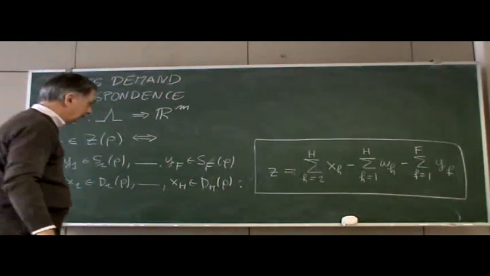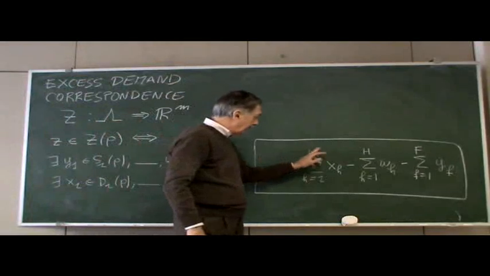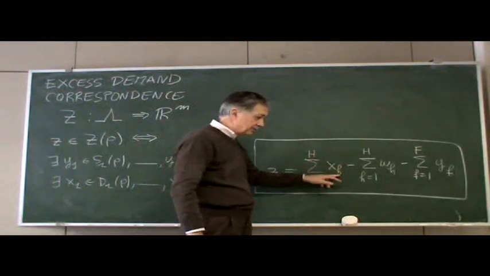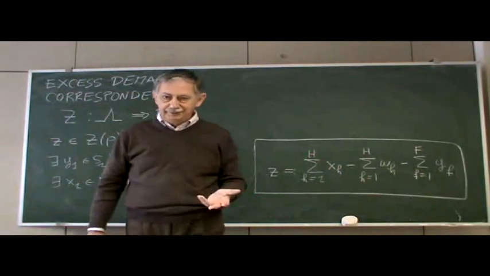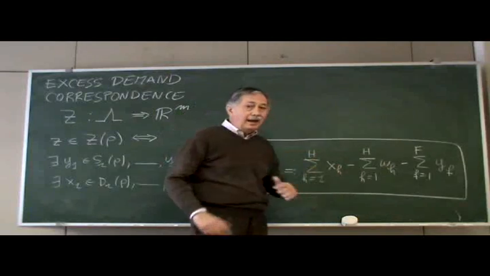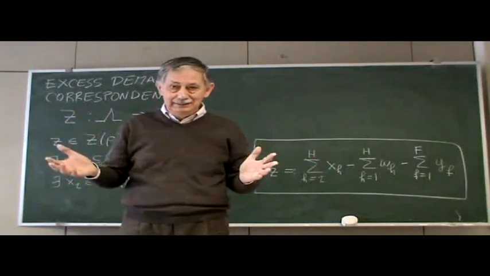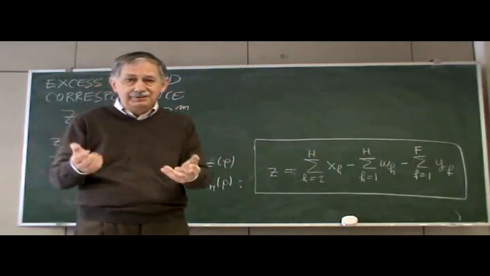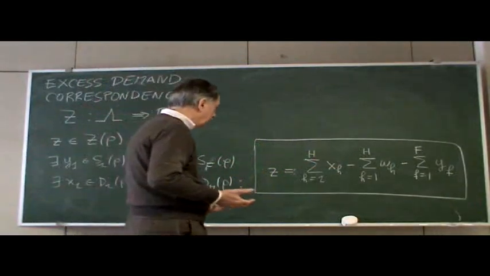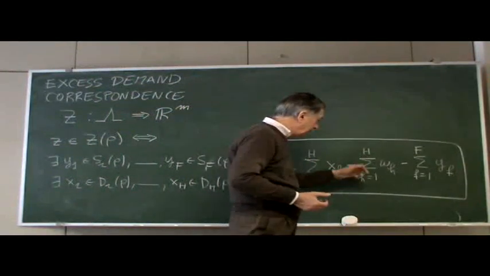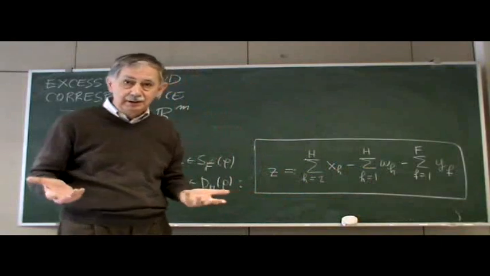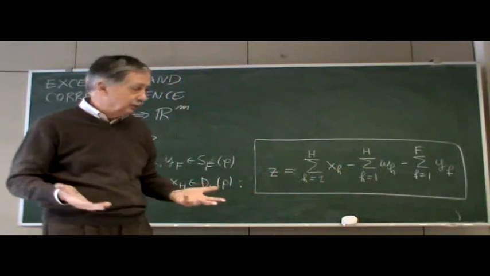So we have the following. This is a vector, clearly, the sum of the consumption bundles of the different households. It represents the vector of total demand which derives from the households themselves. From this we subtract the total endowment of goods of the same households.